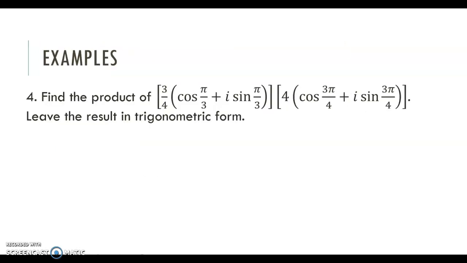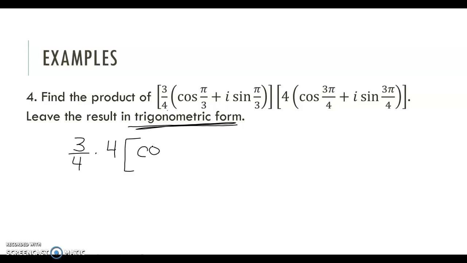So we are going to find the product. We are going to multiply these two complex numbers in trig form, and we are going to leave our answer in trig form. So really important that you look at the directions for how they want you to express your answer. Okay, I'm going to go through all the steps. So we're going to start with multiplying our r values. So 3/4 times 4.